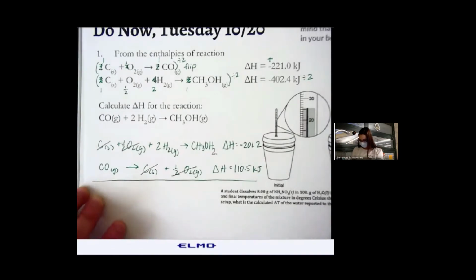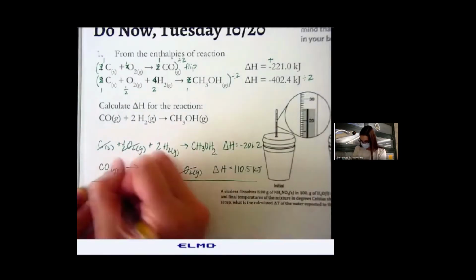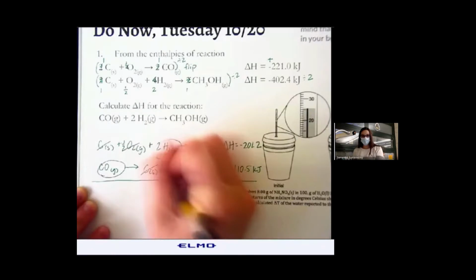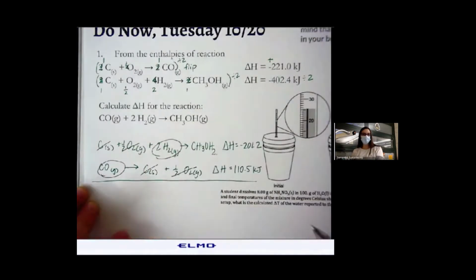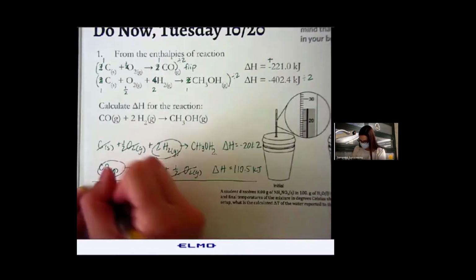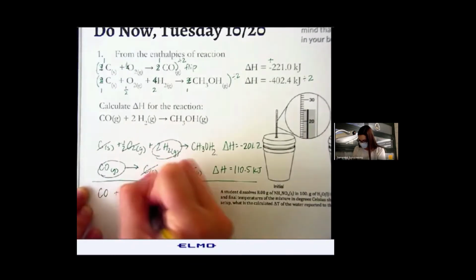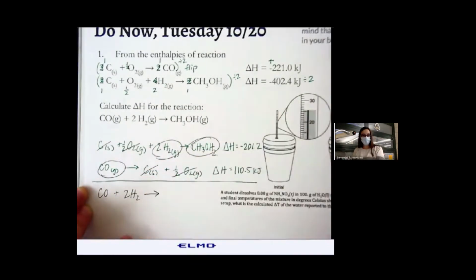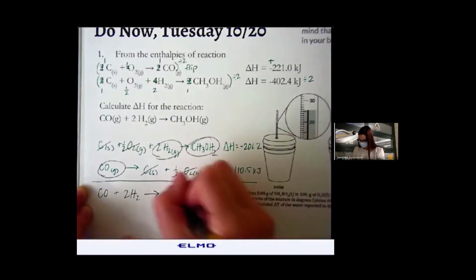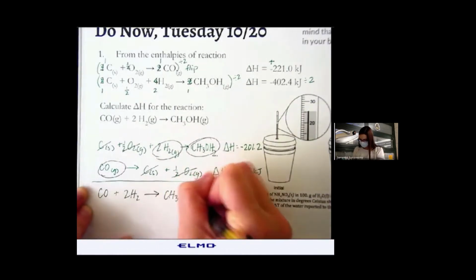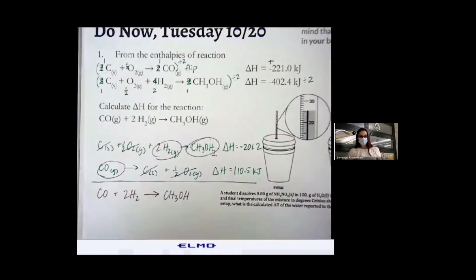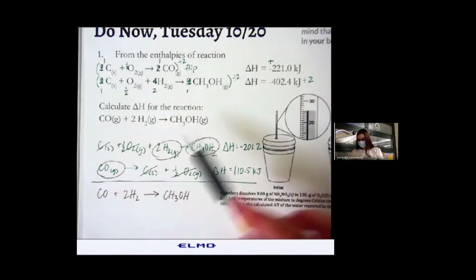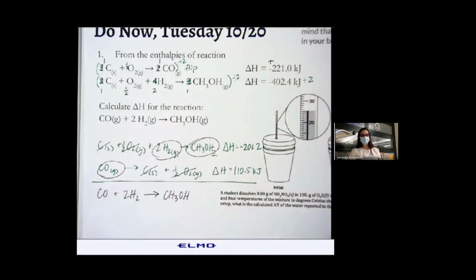So now when I add these together, I have CO and 2H2 on my reactant side, and I have CH3OH on my product side. So now I have the same reaction that the problem wanted.